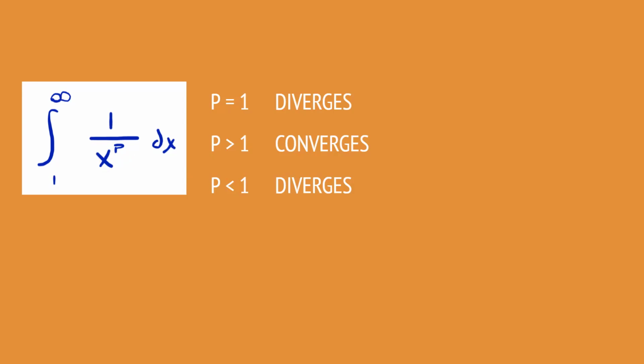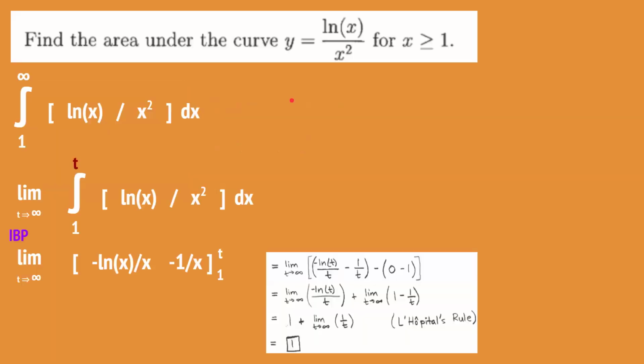If the power is less than 1, it will also diverge. But if it's greater than 1, it will converge. Meaning if it's 1 or less than 1, the limit that we would end up doing will not actually have a finite value. But if it's greater than 1, then it will have a finite value.